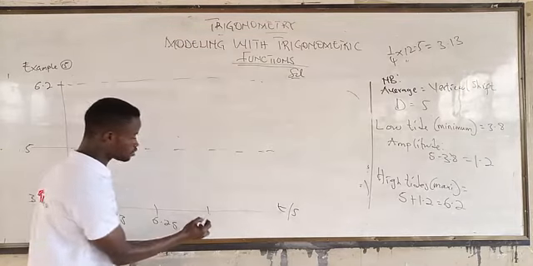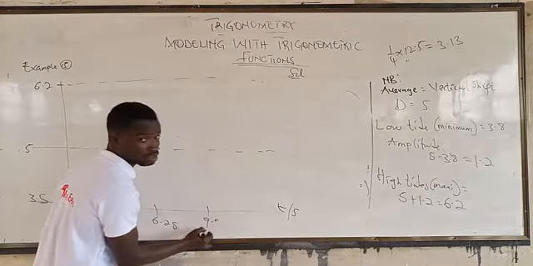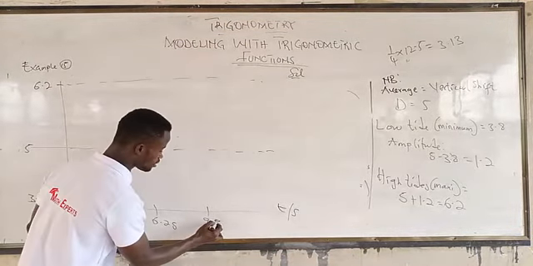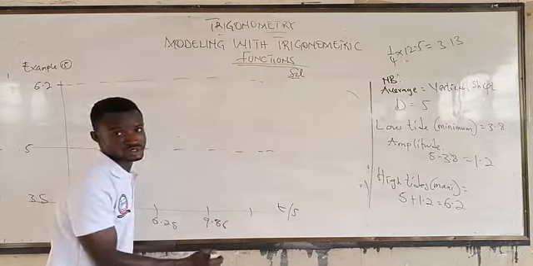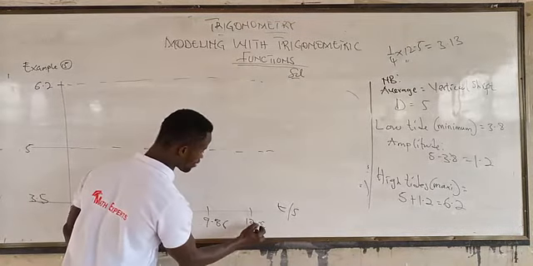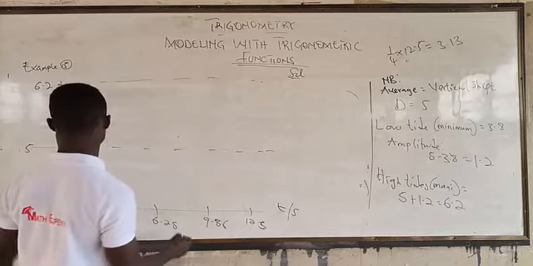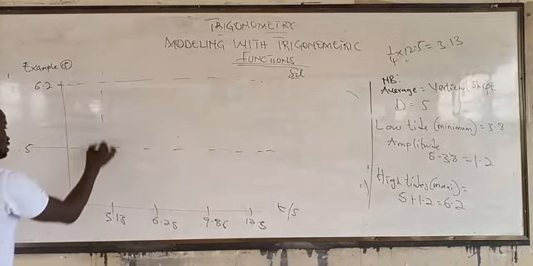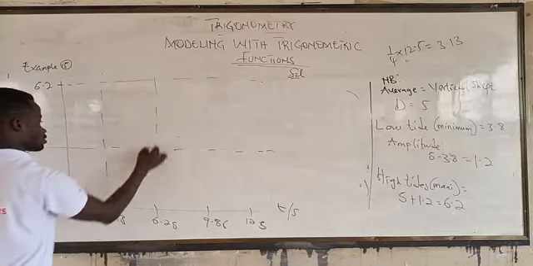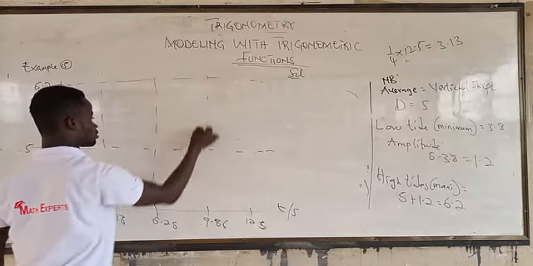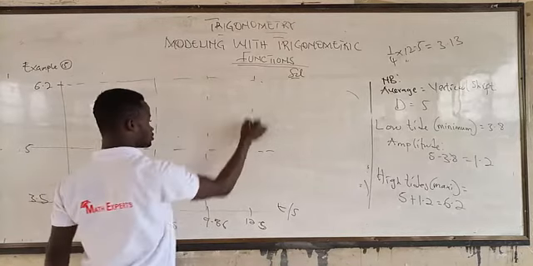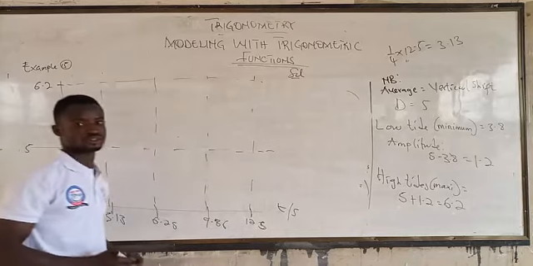The next will give you 9.36. The next will give you 12.5. Very good. So you start crossing it, crossing it, crossing it. Very good.